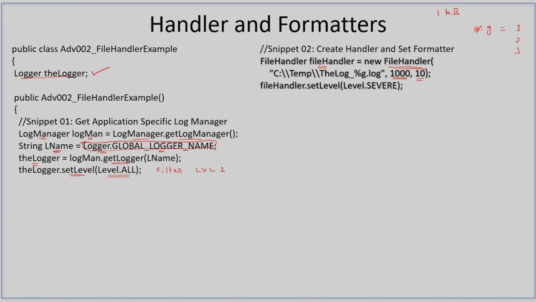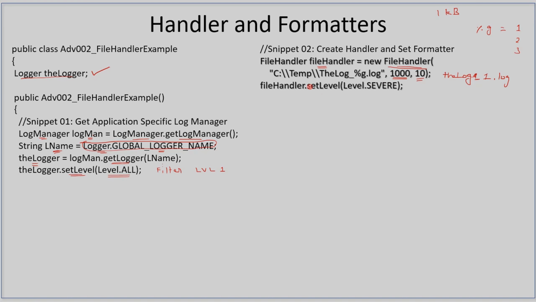So if you see here, the file name is log_%g.log, that means 0, 1, like that it will go, and .log is the extension that we are giving. Initially the application will write here, then it starts rotating this file.